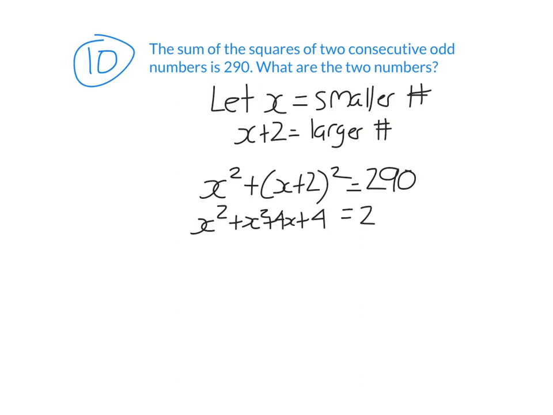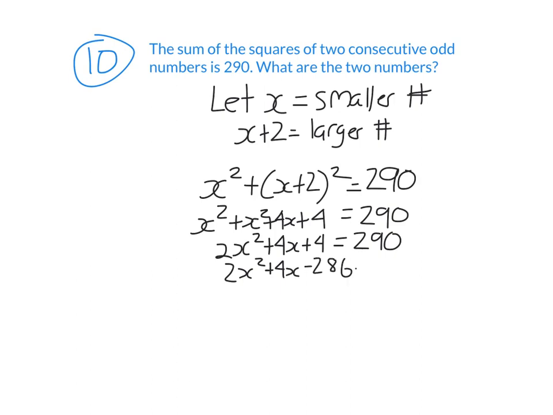So we need to get one side equal to 0, so first collecting like terms, and then what we're going to do is subtract 290 from both sides. So we get 2x squared plus 4x minus 286 is equal to 0.